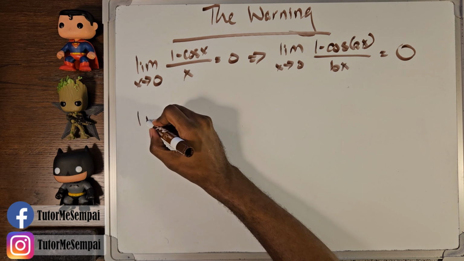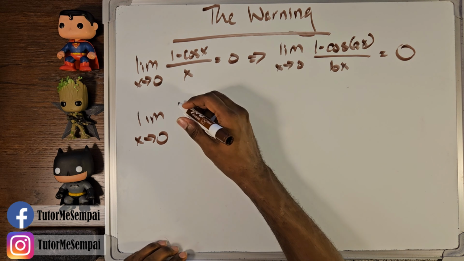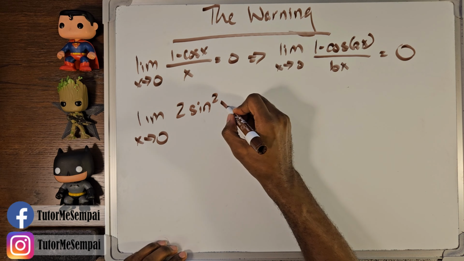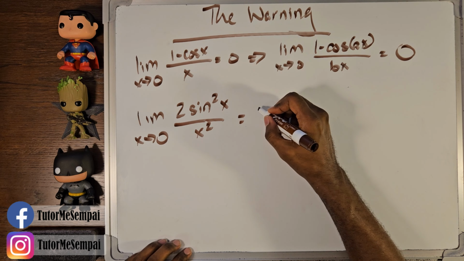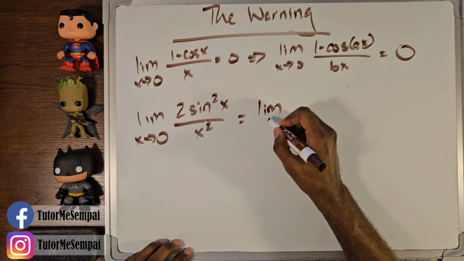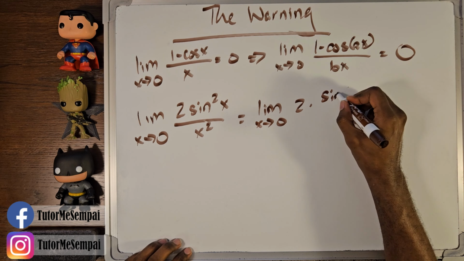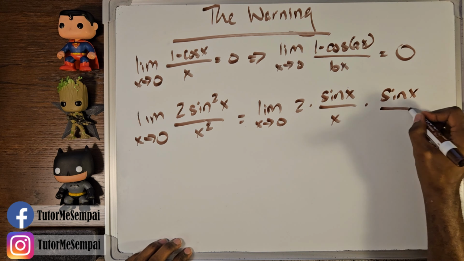Let's say we have the limit as x goes to 0 of 2 sine squared x over x squared. This is going to be the limit as x goes to 0 of 2 times sine x over x times sine x over x.